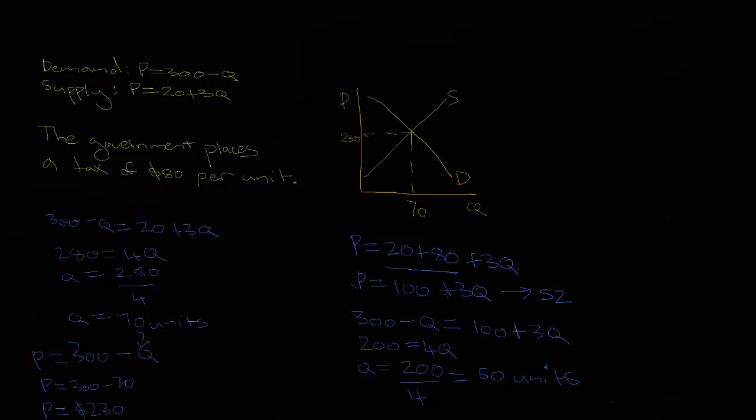We know that it's 50 units, so price is equal to 100 plus 3 times 50 units, because that's what Q equals.